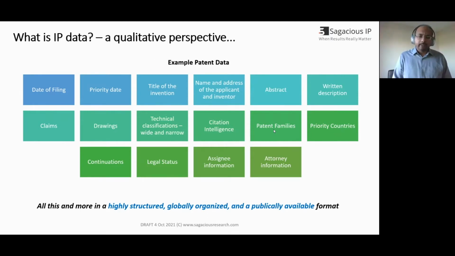At the same time, you need to understand that this data is highly categorized and structured.